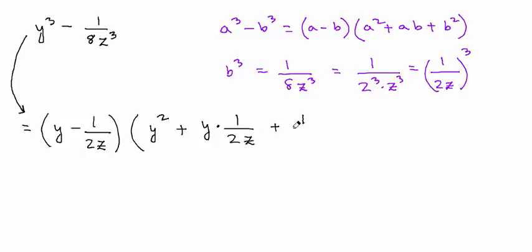Let's write that down as 1 over 2z times itself. The square of a number is the number times itself.